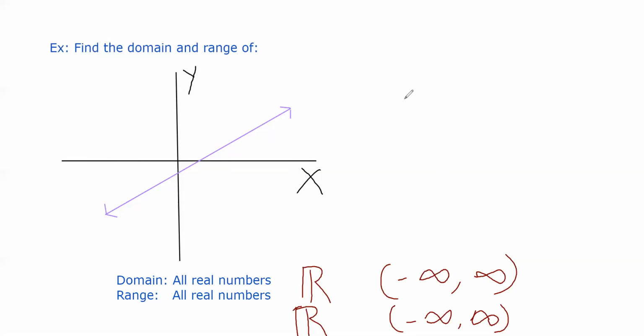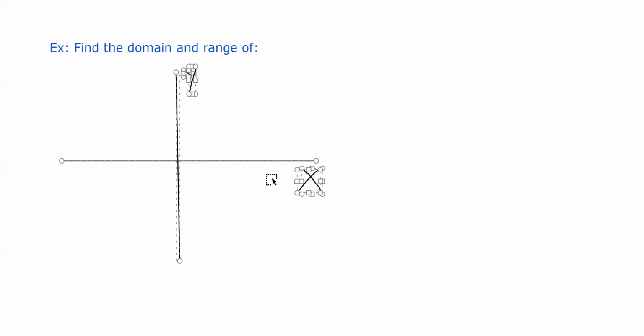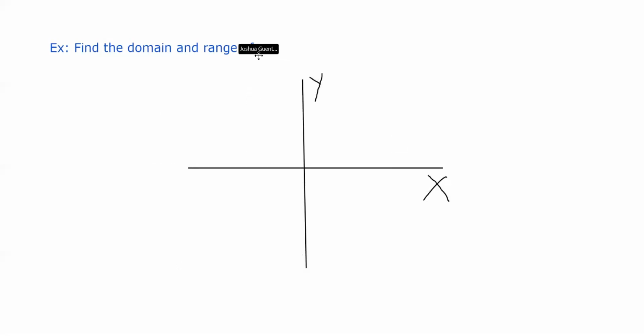Now let's screw everything up. Let's try a different function. I'll use the same graph. Let me give myself a little more space. Now I'm going to have to draw this freehand, so I apologize in advance.